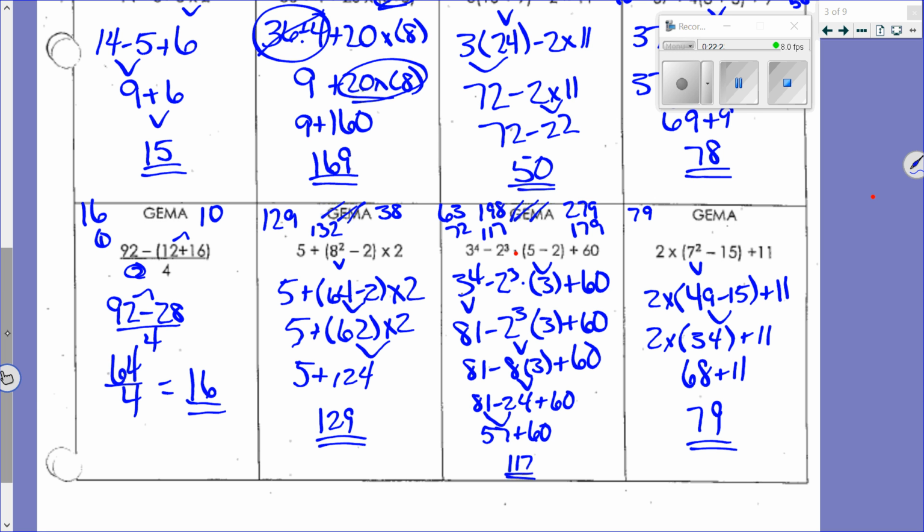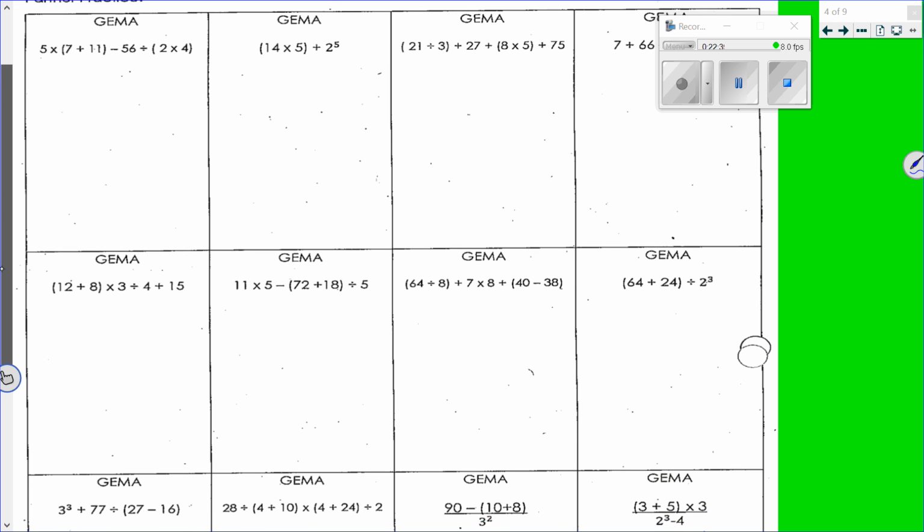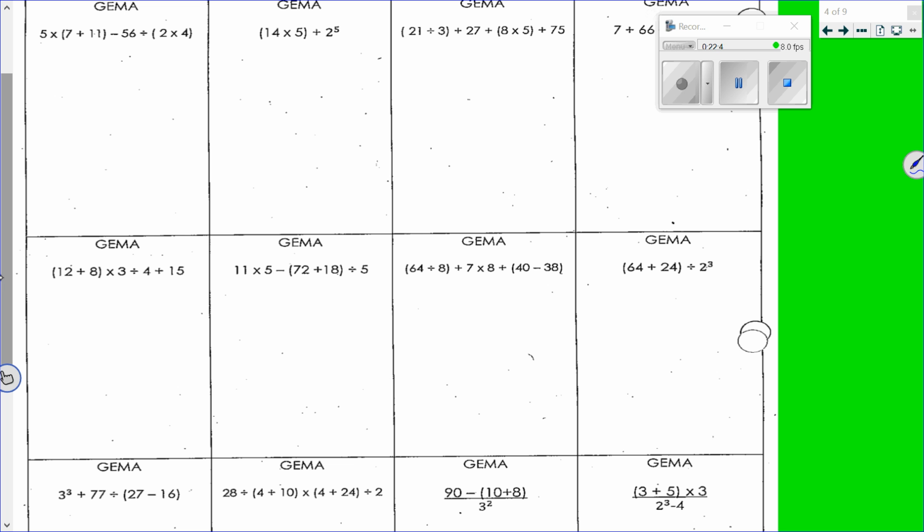Any other questions? Okay, so here's the deal. Let's go ahead and turn the page. Again, the best way to get really proficient with GEMMA, or order of operations, is practice. So we're going to basically give you the rest of the class period to do these 12 problems. If you finish these 12, please continue on to the next page.